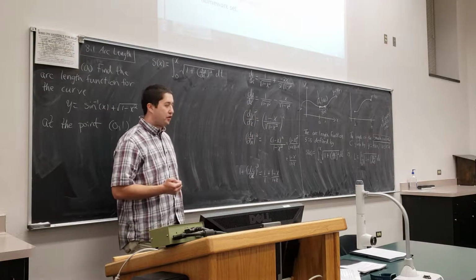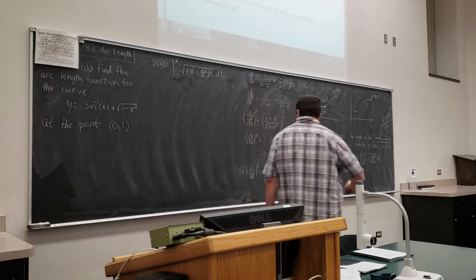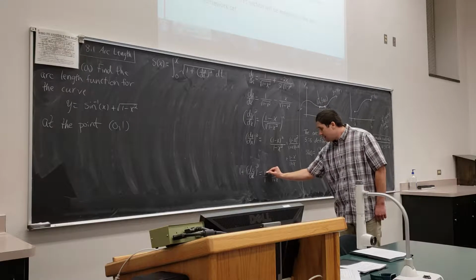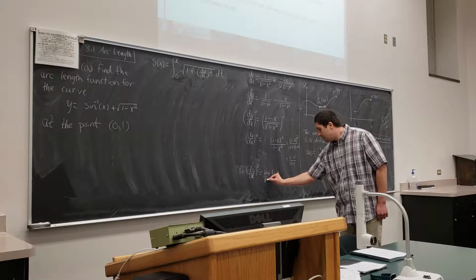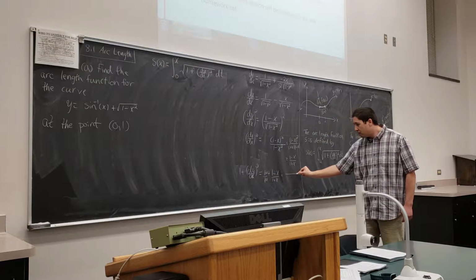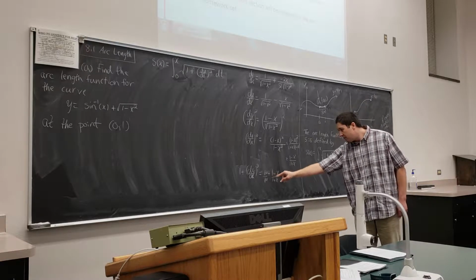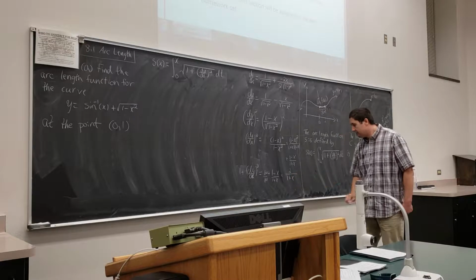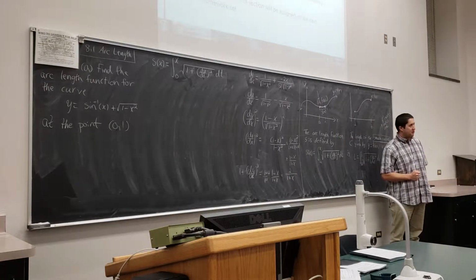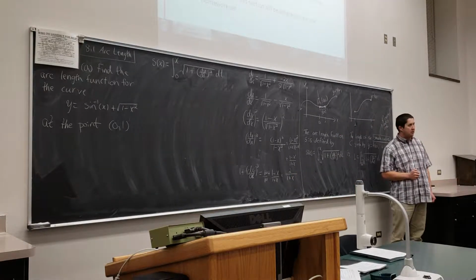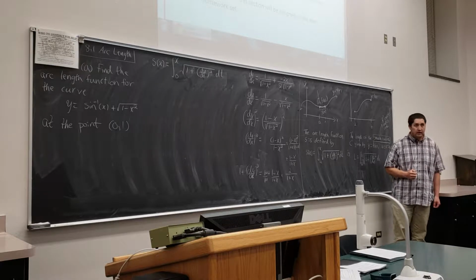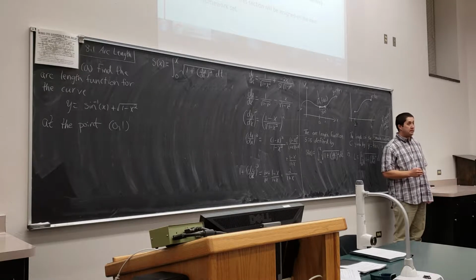I'll visualize the 1 over 1 as a 1 plus x divided by 1 plus x. Let's go for that right now. Then the whole thing would become 1 plus x plus 1 minus x, which is just a 2 in the numerator, divided by a 1 plus x. So that's about as simple as we can make 1 plus the derivative squared. Any questions about the algebra throughout those steps?